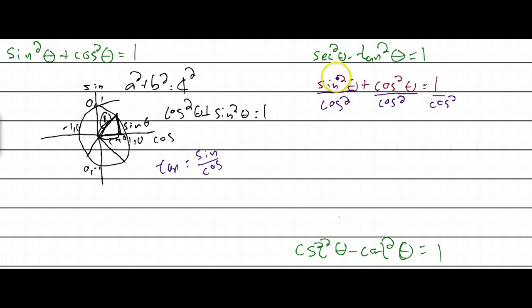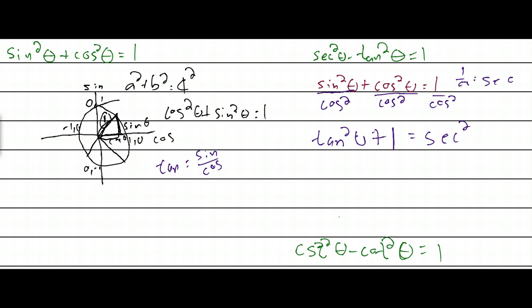Now sine squared over cosine squared is just tangent squared theta. Cosine squared divided by cosine squared is just 1. 1 over cosine is secant, but since it's cosine squared, this is going to be secant squared. Now you want to get it in the format secant squared minus tangent squared.